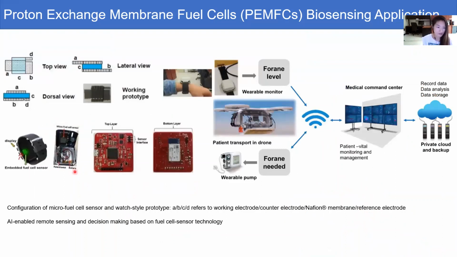Here, I put the configuration of the micro fuel cell sensor and the watch-style prototype. If we combine micro fuel cell technology and artificial intelligence, then we can realize AI-enabled remote sensing and decision making based on fuel cell sensor technology.